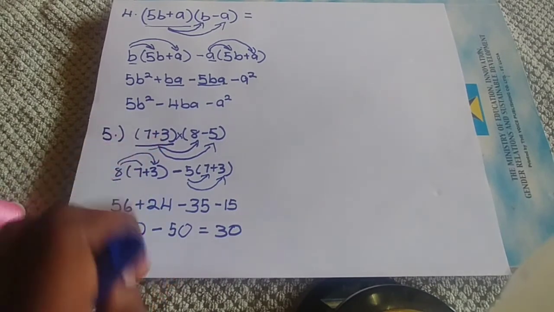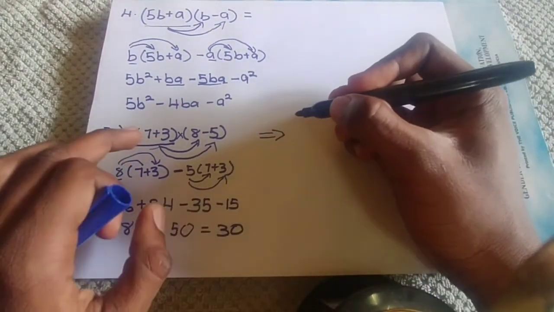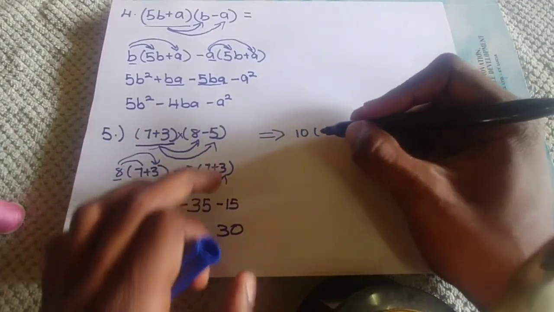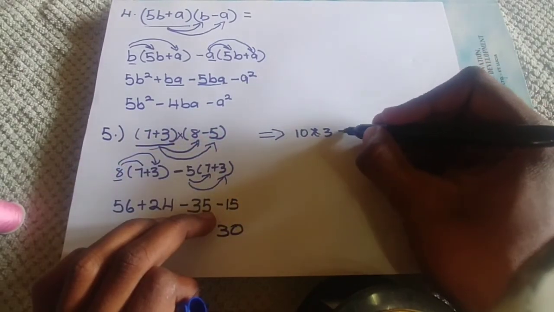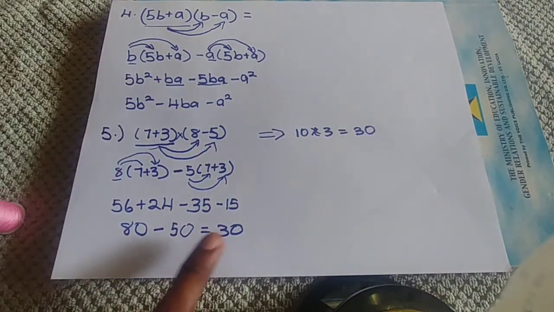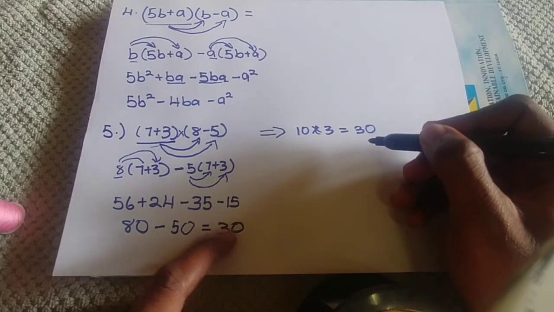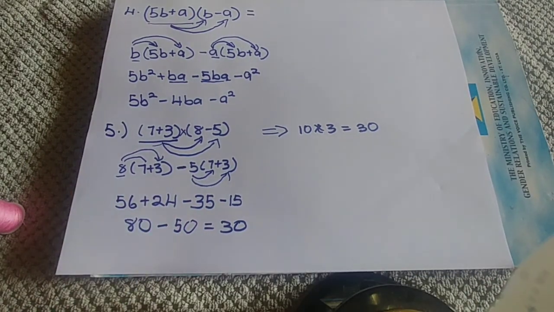So this is the same as 7 plus 3, which is 10, multiplied by 8 minus 5, which is 3. 10 times 3 is 30. Notice we get the same answer. If we got the same answer by using two different methods, it means that the method that we are using there is mathematically sound and it's correct.